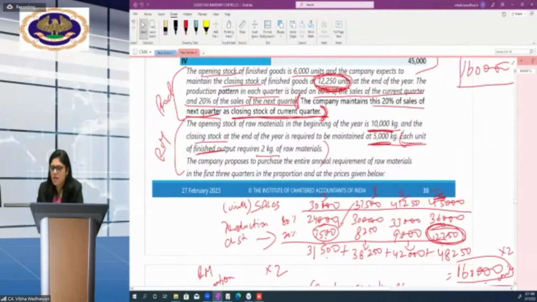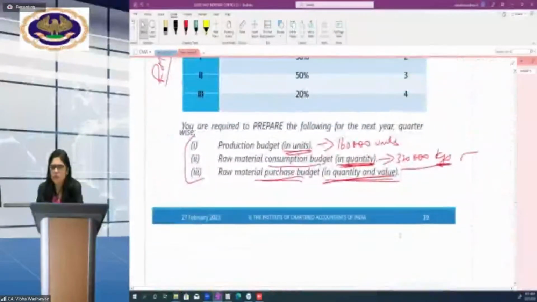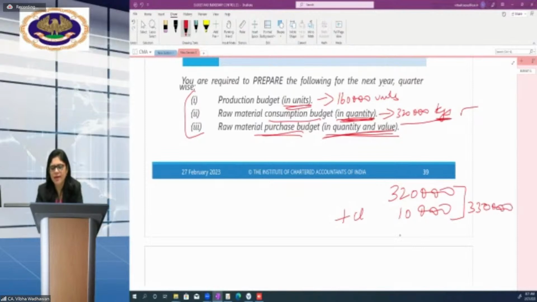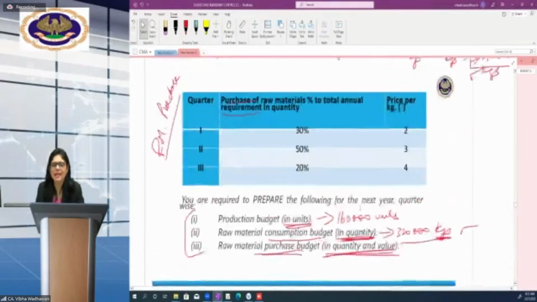That means 3,20,000 we need to purchase plus closing stock we need to maintain. That means total raw material requirement is 3,30,000, right? This much is consumption. For consumption we require, and this much closing stock we need to maintain also. So the total raw material requirement to be purchased is 3,30,000.